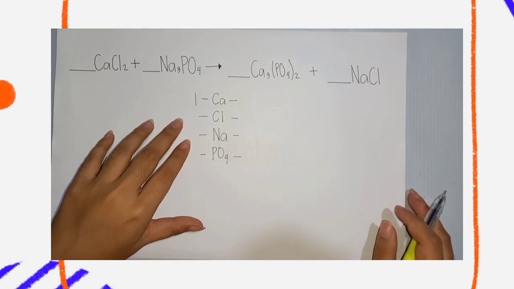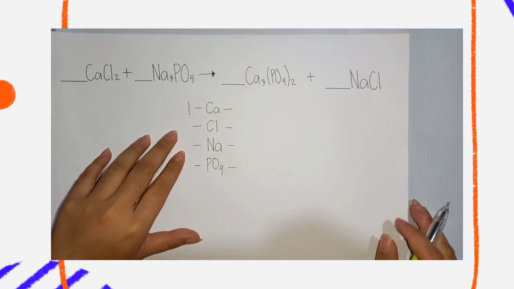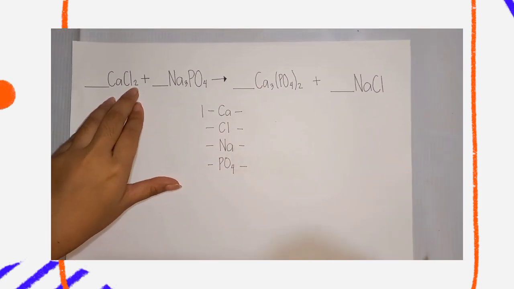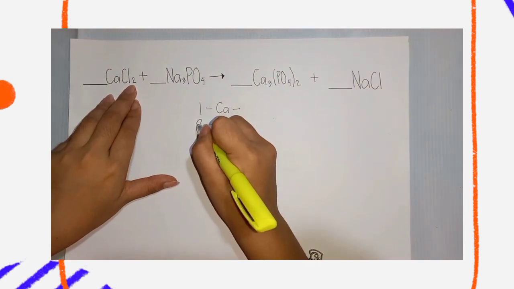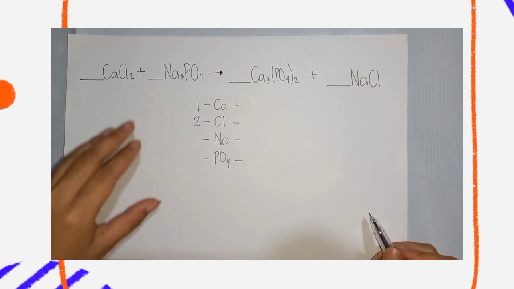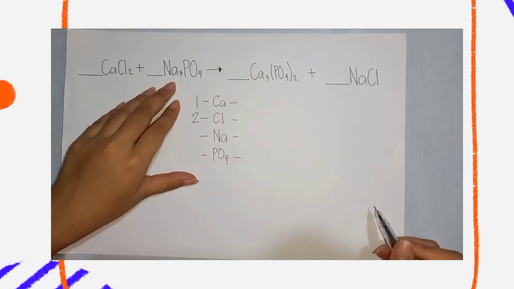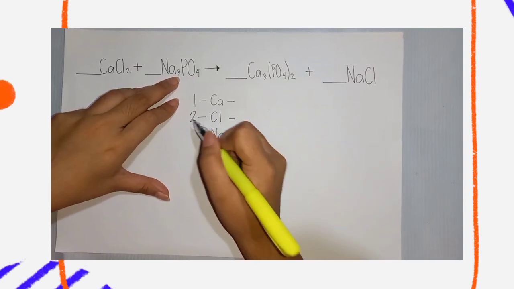Next, the subscript for Cl, or chloride, is 2. Then Na, or sodium, has a subscript of 3.